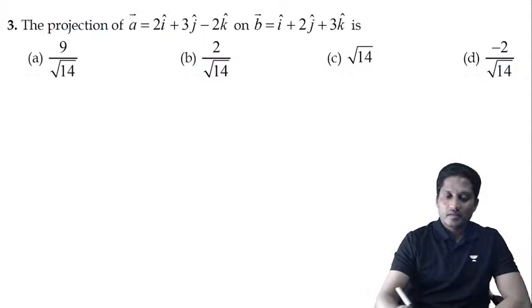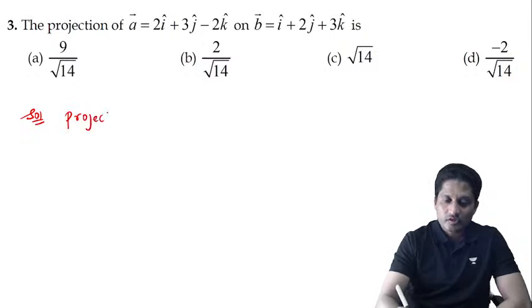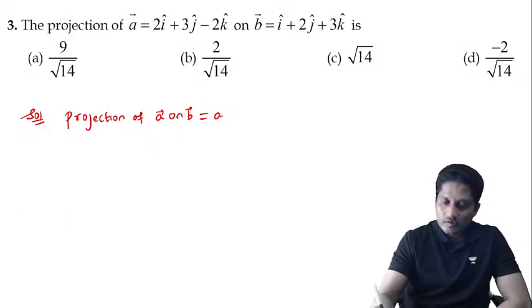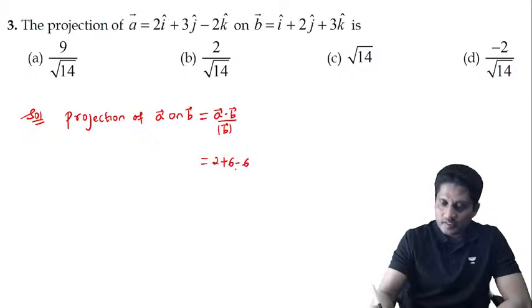The projection of A on B. Projection of vector A on vector B is A dot B by mod B. This is equal to A dot B divided by mod B. If I take the dot product, it will be equal to 2 plus 6 minus 6, divided by modulus of B, that is root of 1 plus 4 plus 9.